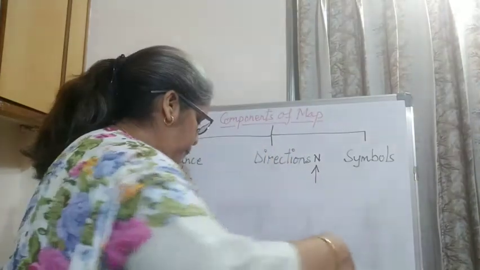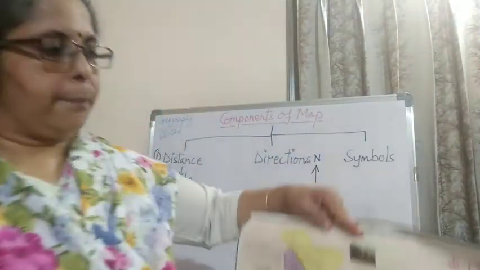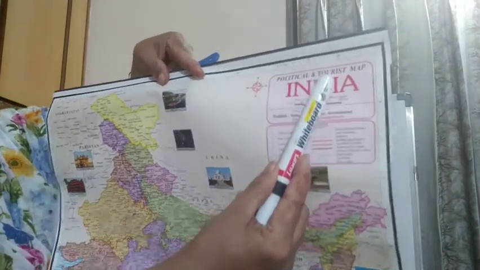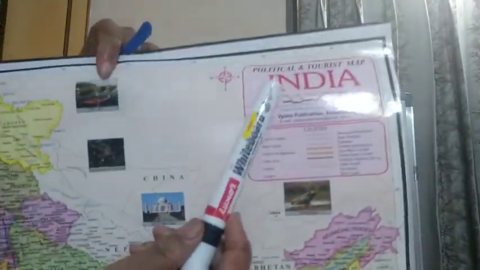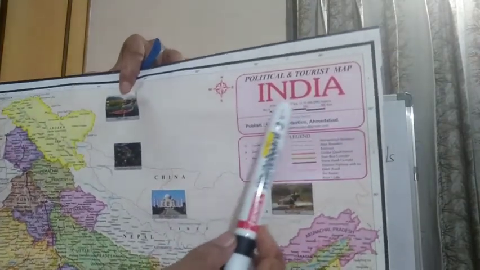Now see, first of all I will show you one map. On this map, this is India's map. Here it is written political and tourist map. Now here you can see a scale.